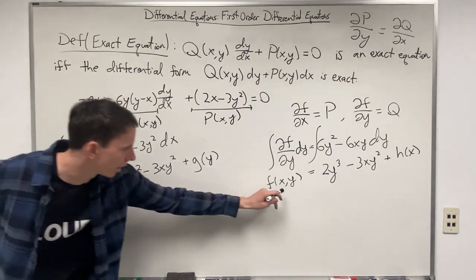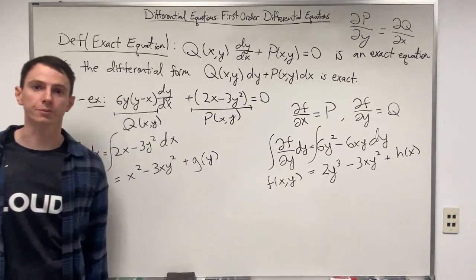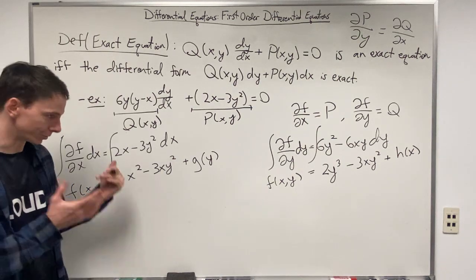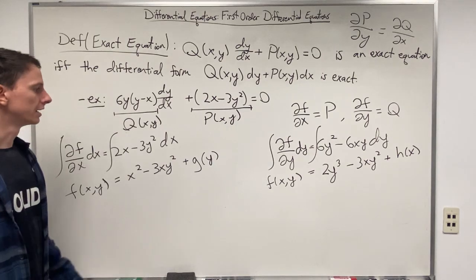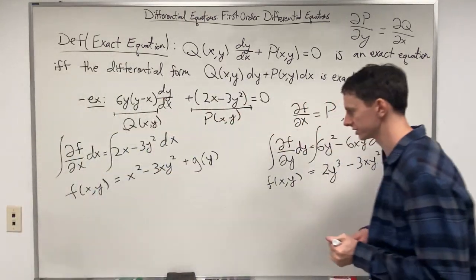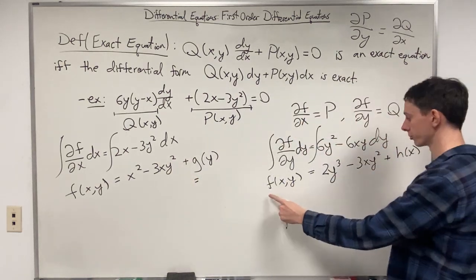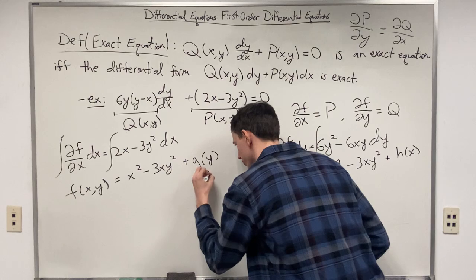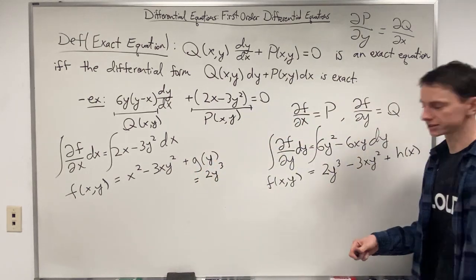So let's look at this form of f and see if there's a term that only depends on y. If we do that, we see that term right there only depends on y. So this mystery function, this g of y integration constant, we can say, because we have this clue also, we know that g of y needs to equal 2y cubed right here. So okay, that's the first part.